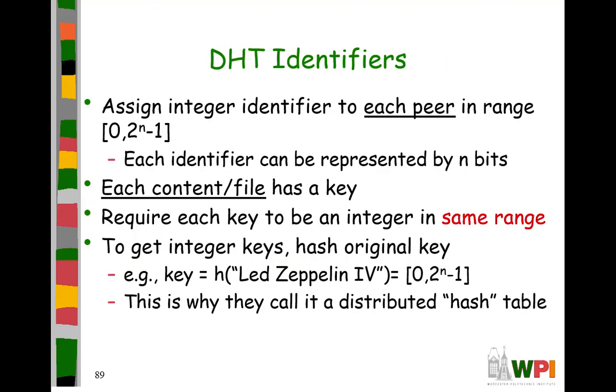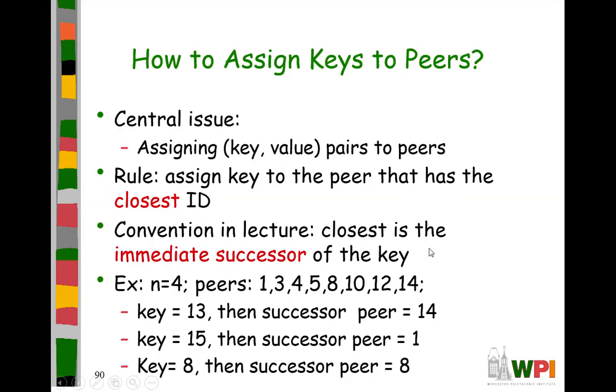So each peer has an identifier and each file has an identifier. And the file identifier is generated by applying the hash function. So the central issue is assigning the key value to pairs. How is it assigned?